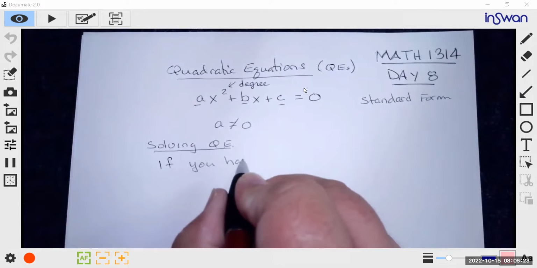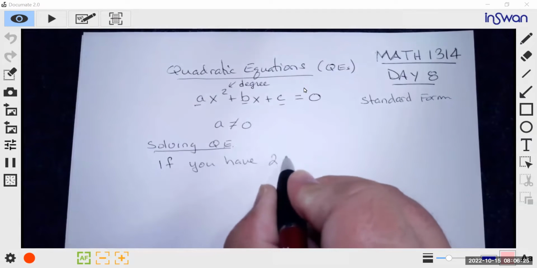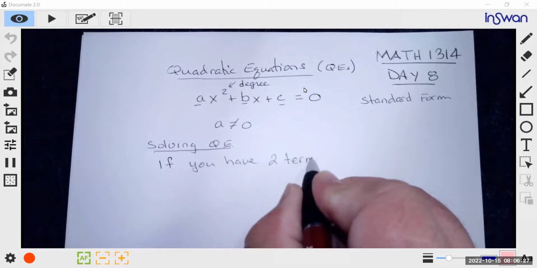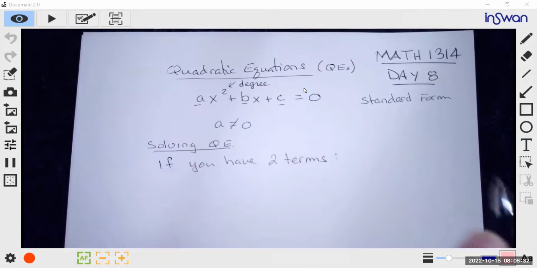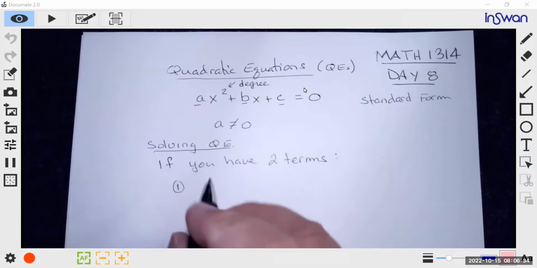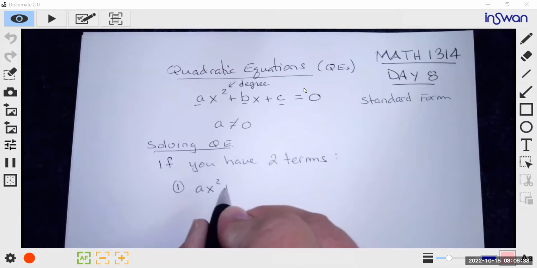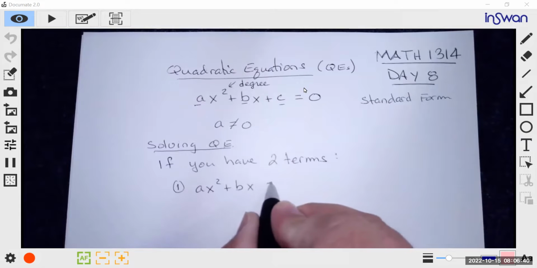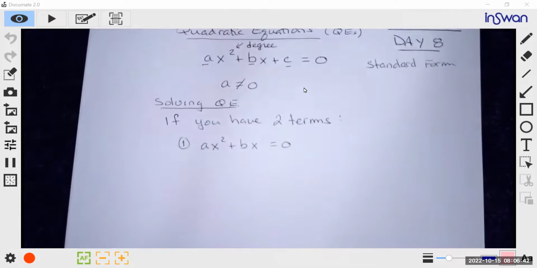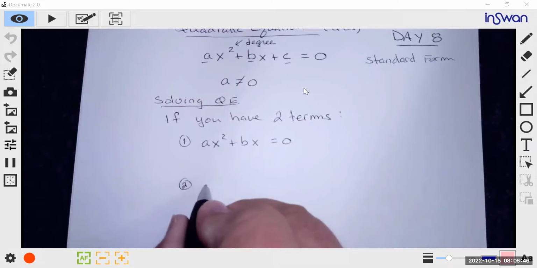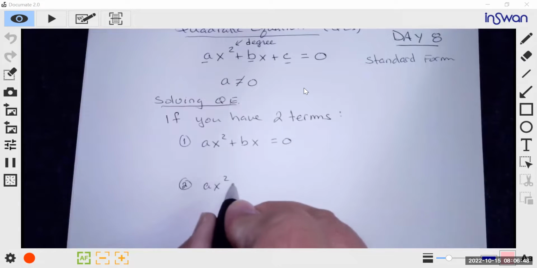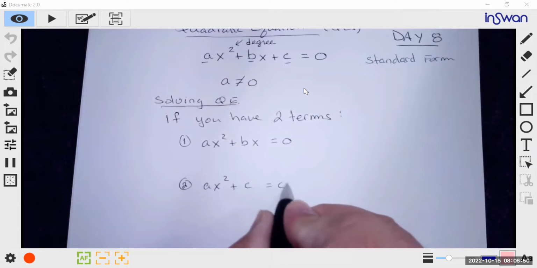If you have 2 terms, it could look like this, or it could look like this.